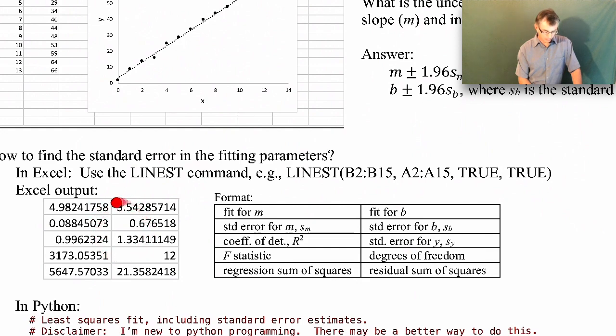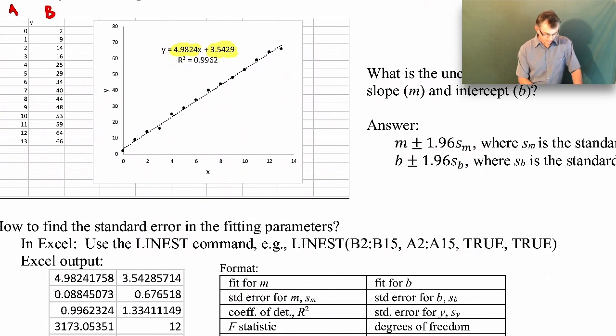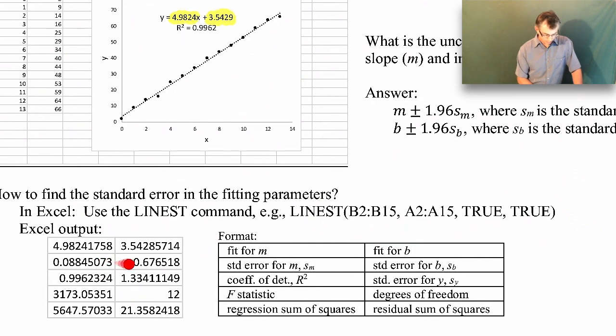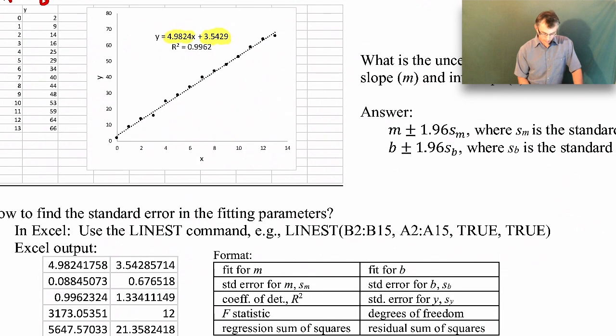It's actually an array formula, and it'll give an output like this. The format of this data is it'll give you the fit value for the slope. That's the 4.98 right up here. It'll give you the fit value for the intercept, which is this one. Then the next two items, the next row down, these are the standard errors for the slope and the intercept. So these are the standard errors that you would use up here.